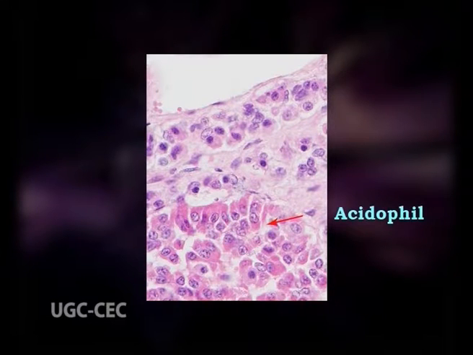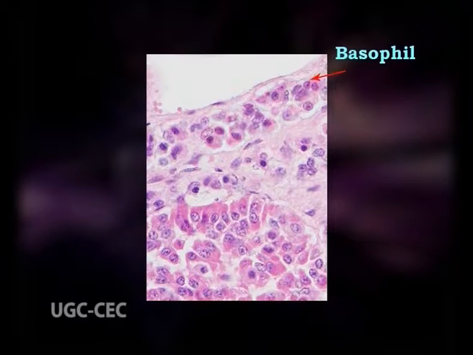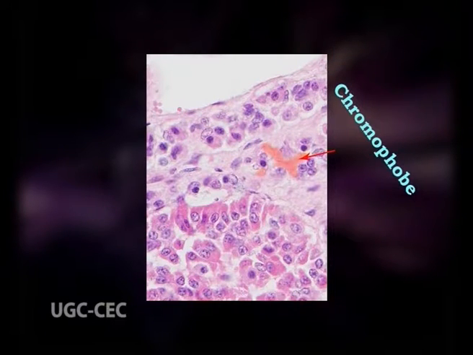Chromophil cells can be subdivided into two groups. First is acidophil. These cells are characterized by a dense pink stained cytoplasm. Second is basophil. The cytoplasm of these types of cells is stained light purple. Second type is chromophobes.